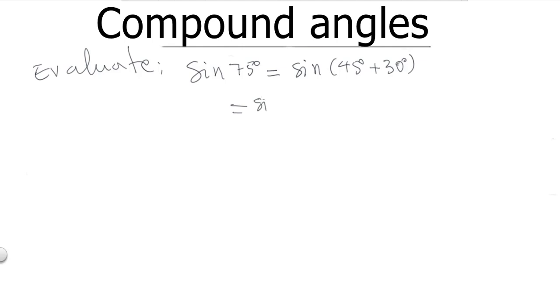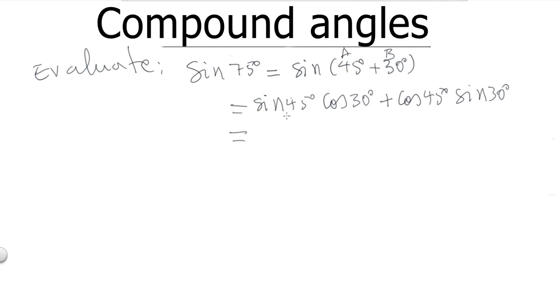Therefore, by using the compound angle formula, this is your A and this is your B. You have sine 45 degrees cos 30 degrees, and with a plus for sine, you have a plus cos of 45 degrees and sine of 30 degrees.